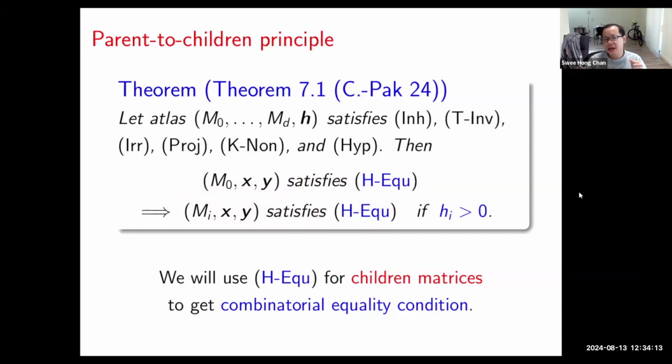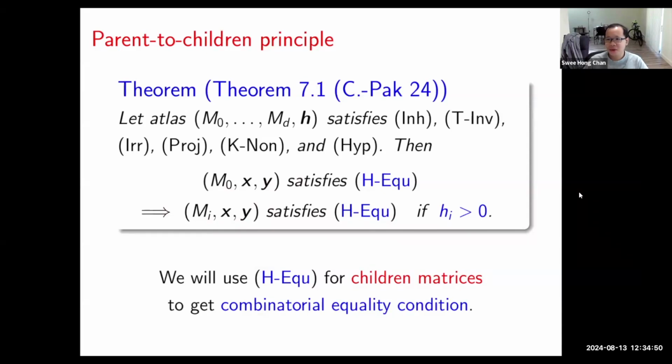The idea is that if you are just given one equality for one inequality, that might be complicated. But by using this, you can inherit this to all of the children. So now not only do you have one equality condition, you have many equality conditions. And the more you have, the easier it is to recover the whole picture, the combinatorial structure behind the equality. That is the philosophy for this parent to children principle.